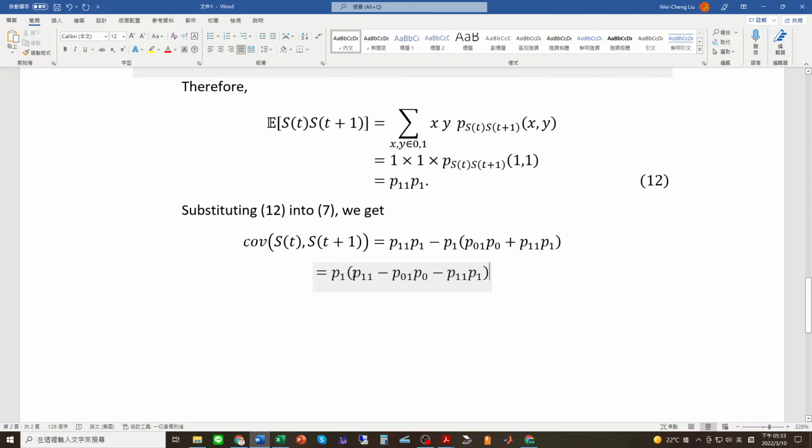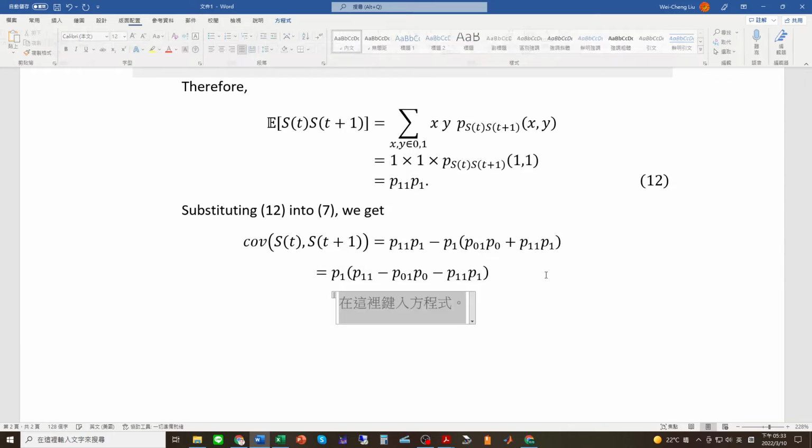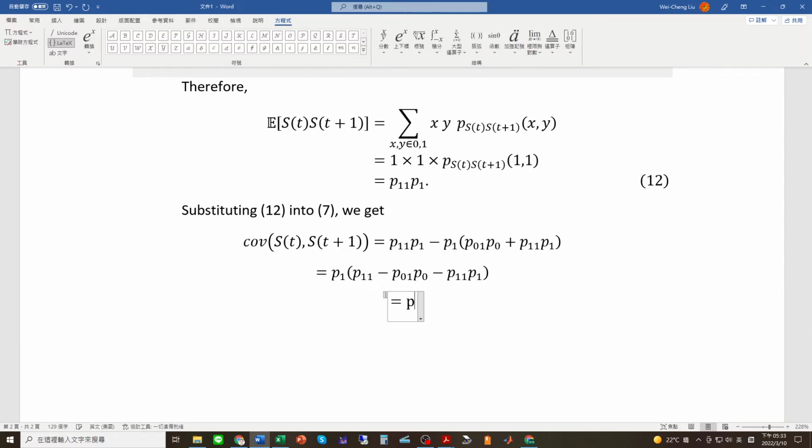The first term in the parentheses is P11, and the third term is P11 times P1, so we can move P11 to the front. So this is equal to P1 times (P11 (1 minus P1) minus P01 times P0).